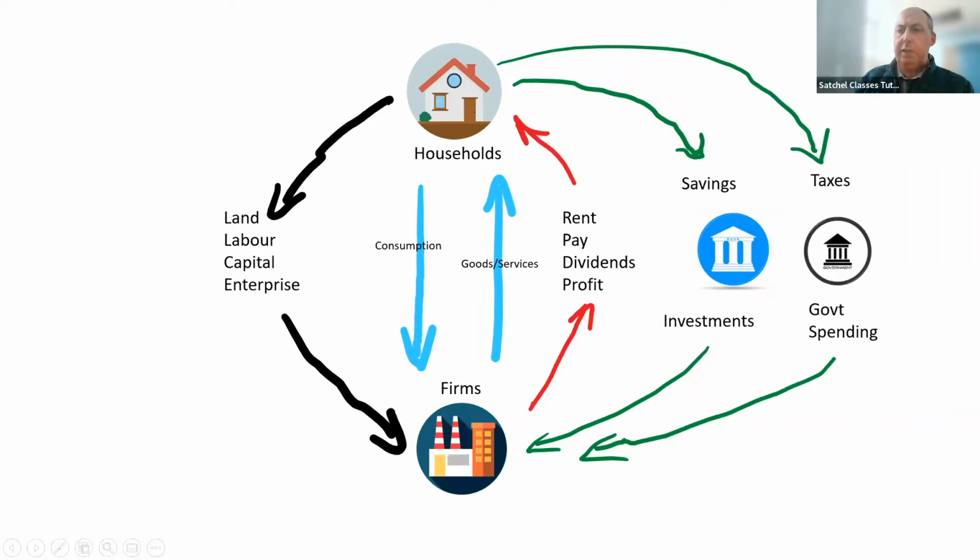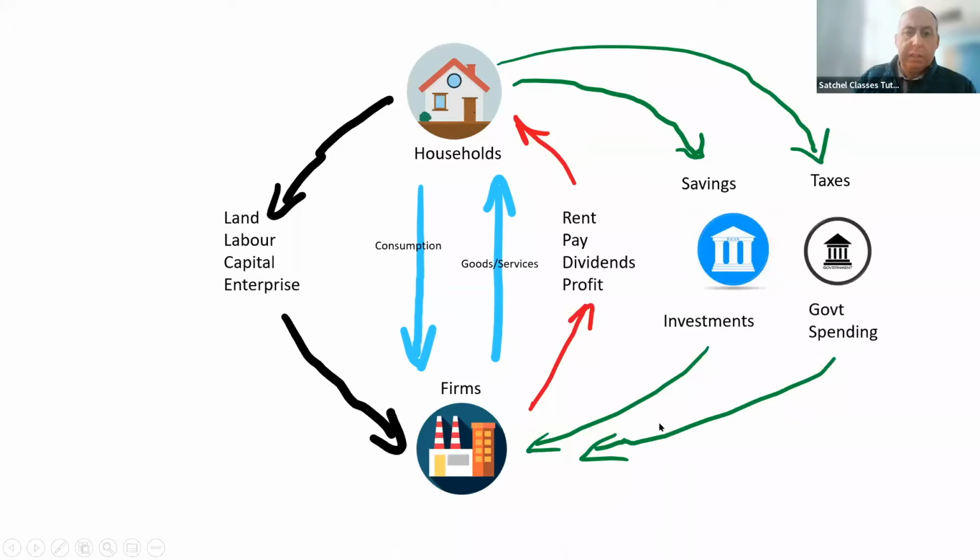Another entity that can be added to the circular flow is the government. They collect money in from households through taxes, income tax, VAT, car tax, and then they spend that money on the economy and supporting firms to grow.